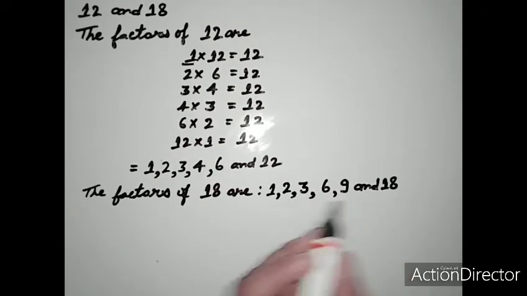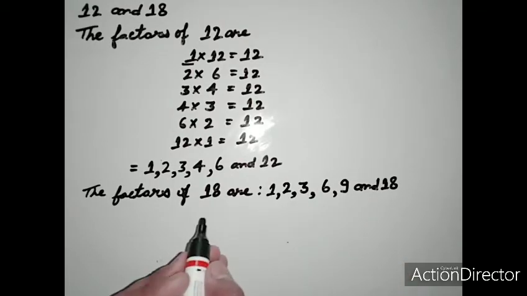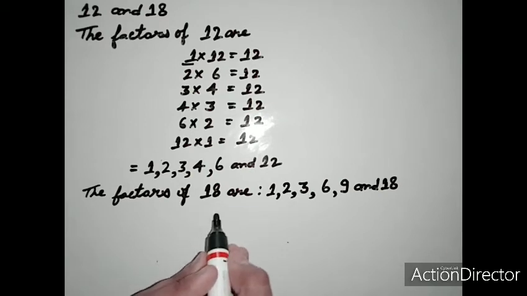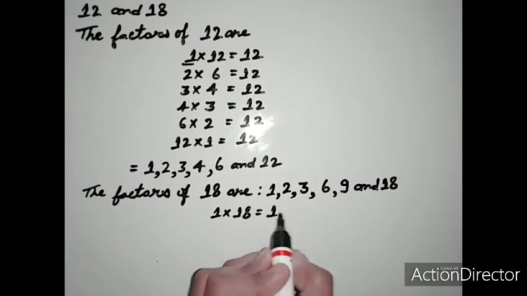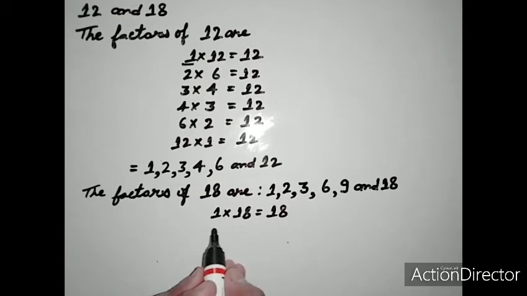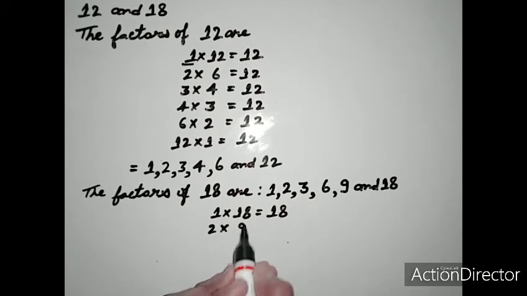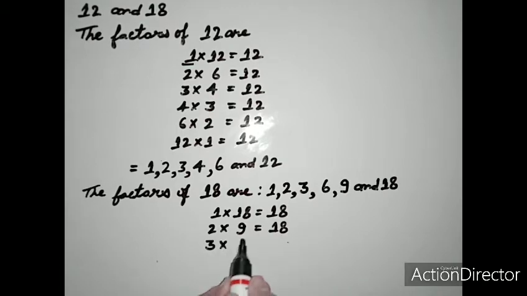You also write how we get the factors of 18. First we check in the table of 1: 1 multiplied by 18, we get the product 18. Then 2 9s are 18, then 3 6s are 18.